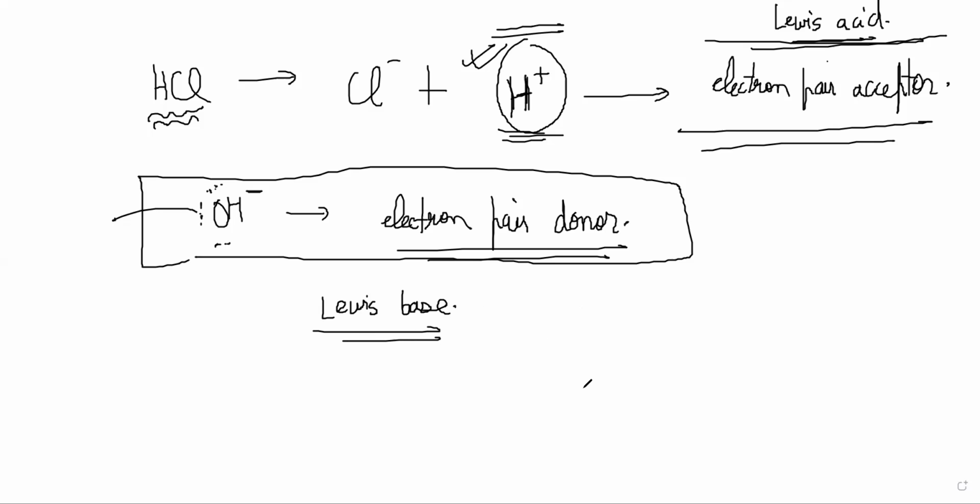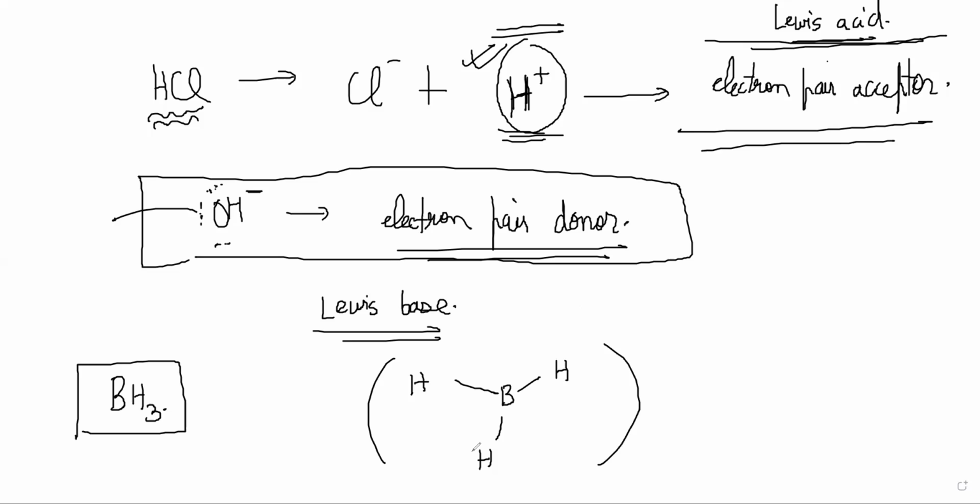So the real idea here is thinking of compounds like BH3. BH3 is boron hydride, and this compound has only 6 electrons in its valence shell. If you draw the structure, you have only 6 electrons. So clearly this compound is missing an octet, right?